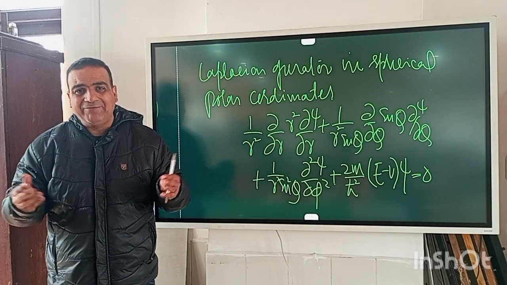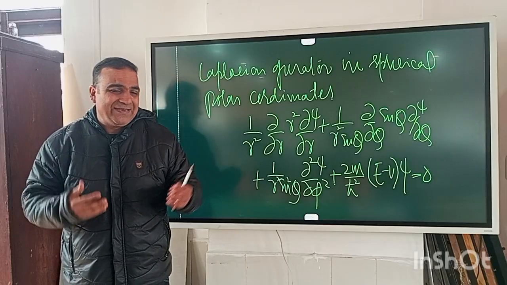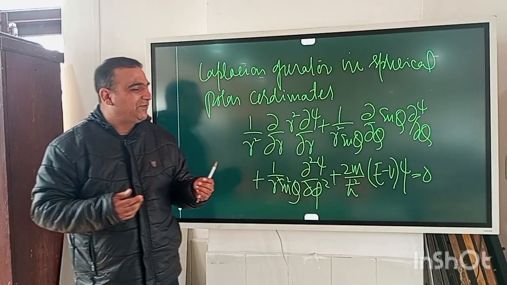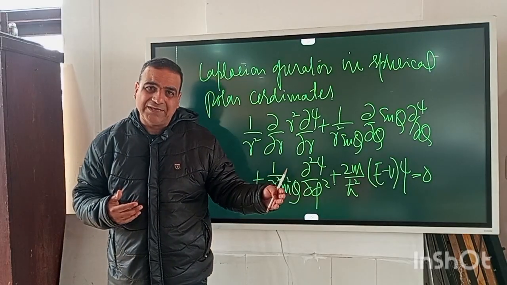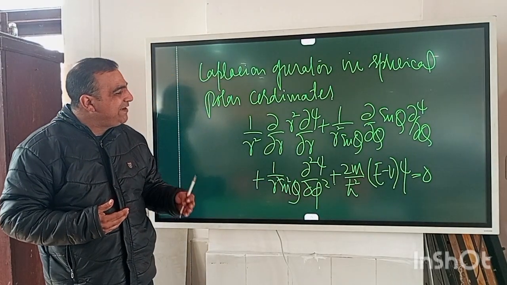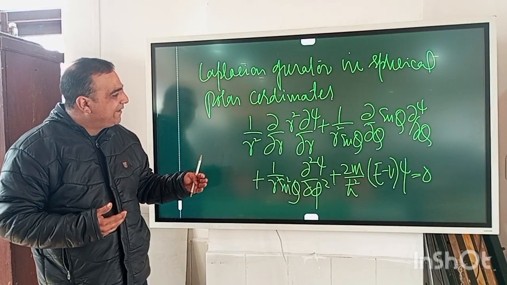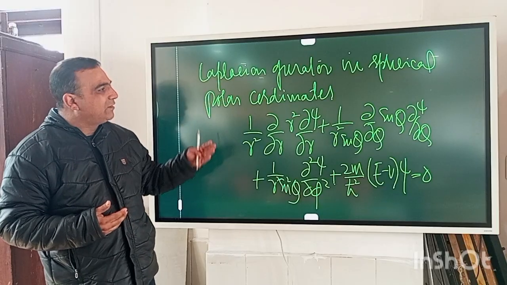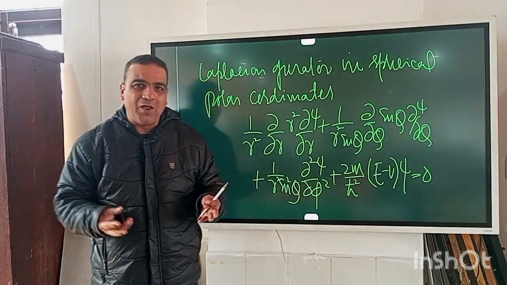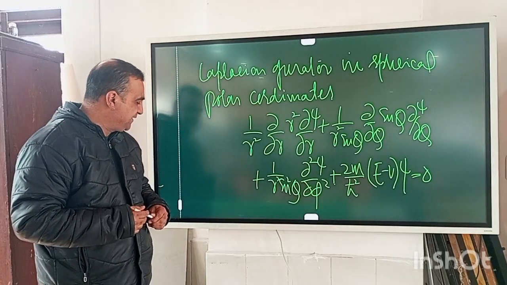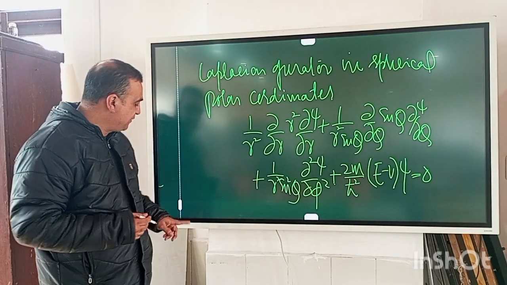I mean, an atom having more than one electron can be approximated by this problem, and we can extend it to molecules as well. So there are many ways that we can use this model of a hydrogen atom in solving some of the complex problems in physics and chemistry.